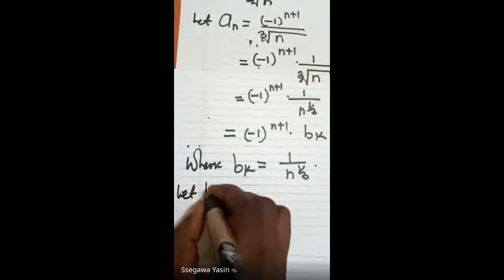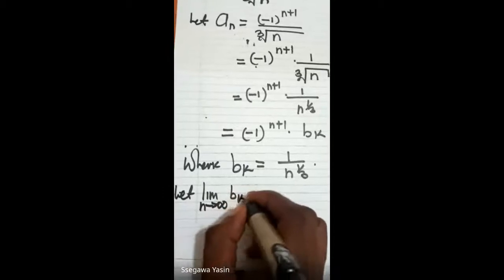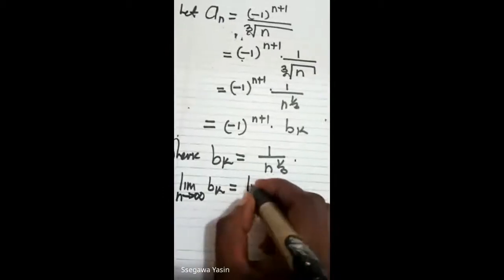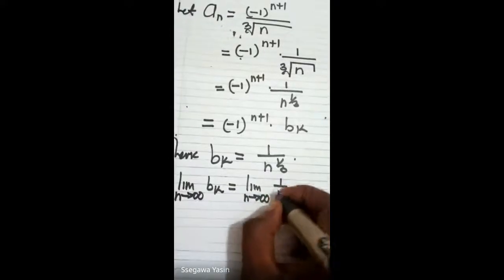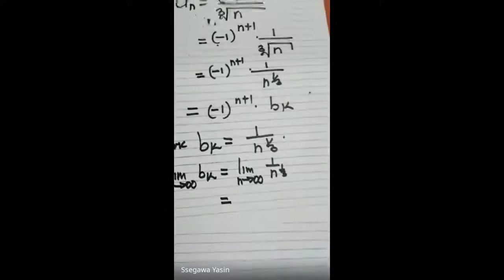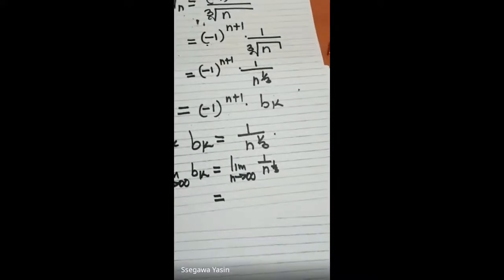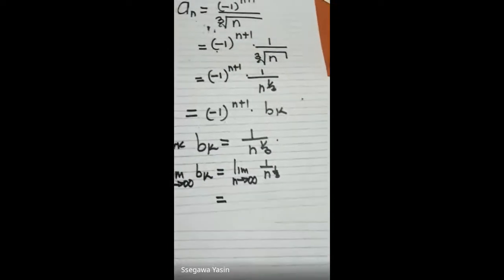So let's take the limit as n goes to infinity of bk, which equals the limit as n goes to infinity of 1 over n to 1 over 3. What is the answer? This is a sequence.